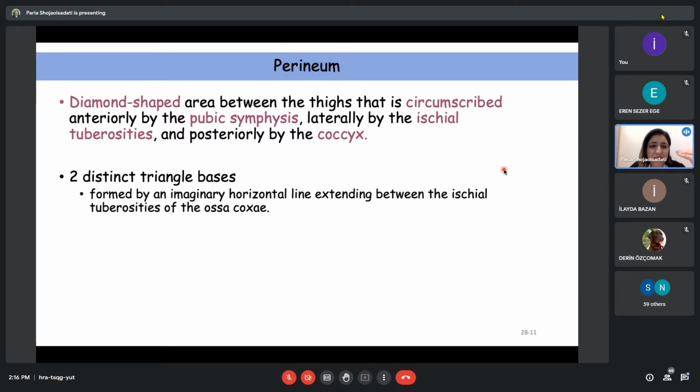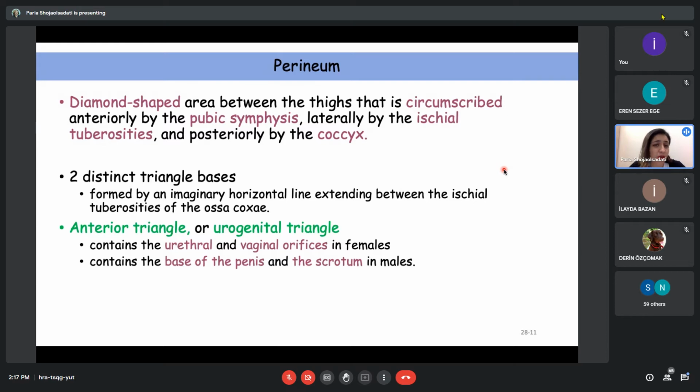These two triangles are formed by an imaginary horizontal line extended between the two ischial tuberosities of the os coxa, which divides the diamond-shaped area, or perineum, into an anterior triangle and a posterior triangle.